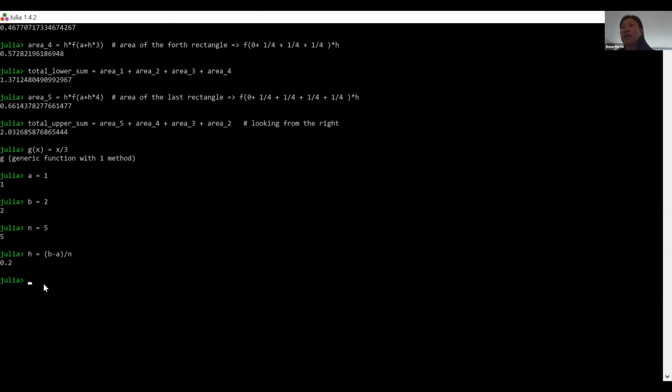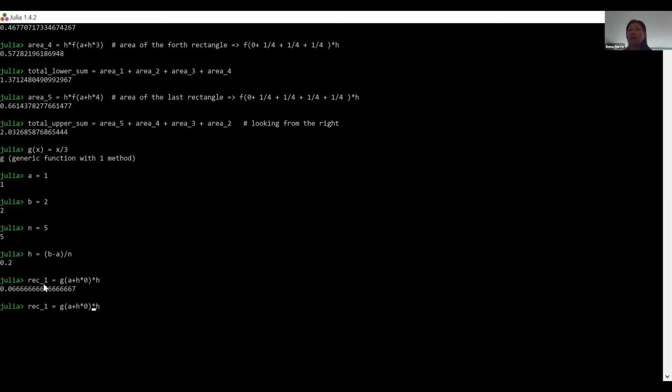All right, so let's find the first area. Let me just call it rectangle 1 this time, so you know the difference. Rectangle 1 is what? g of a plus h times 0 times h.